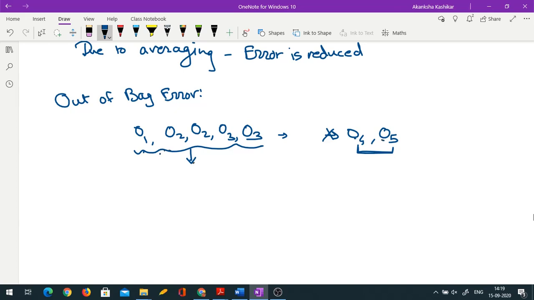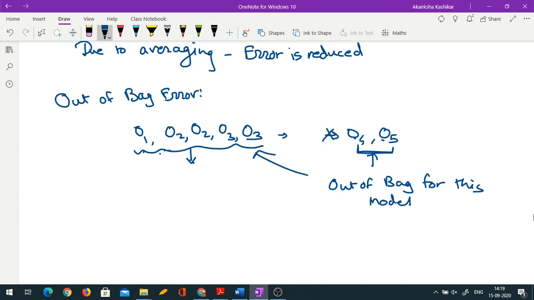As a result, my model is not based on O4, O5. So we say that O4, O5 are out of bag for this particular model, the model fitted on this data.